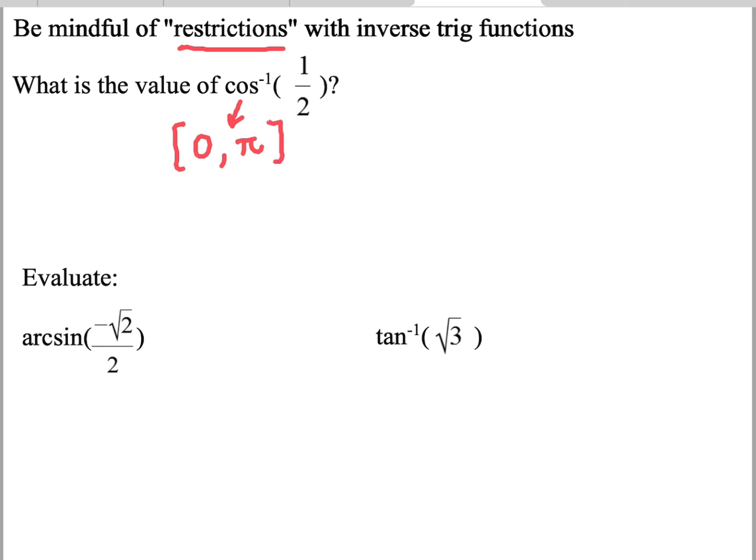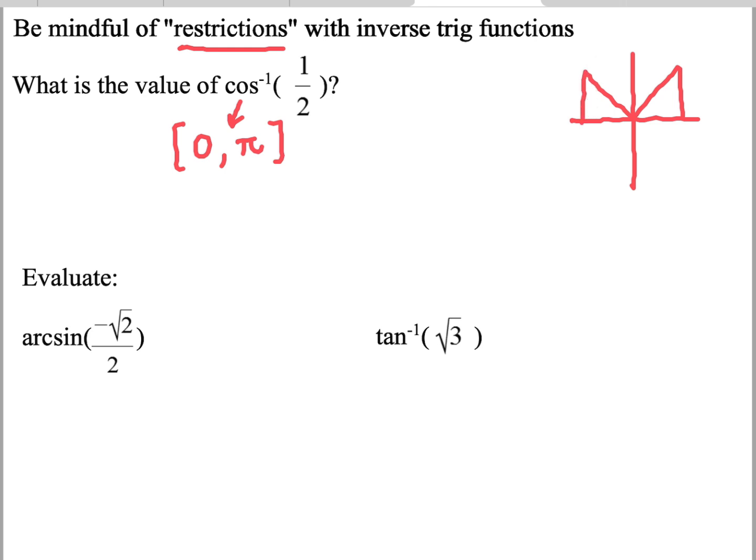That means if I were thinking about triangles, or the graph of cosine, or the unit circle, no matter what I'm thinking about, I'm only thinking about angles from 0 to pi. Often I'm thinking of triangles. So I'm going to think about making a triangle in either the first or the second quadrant.